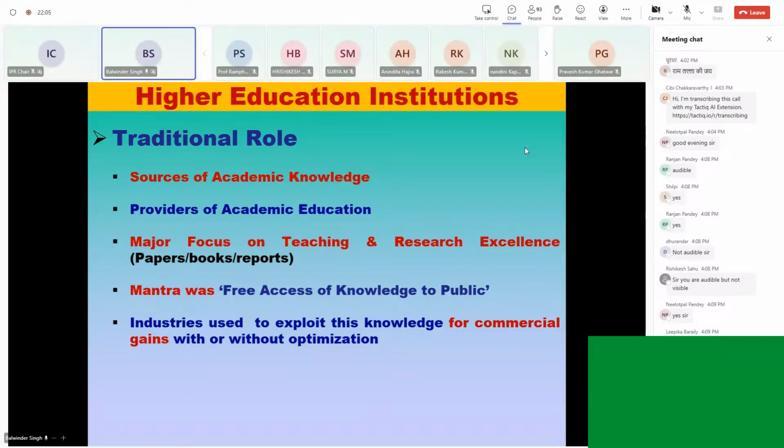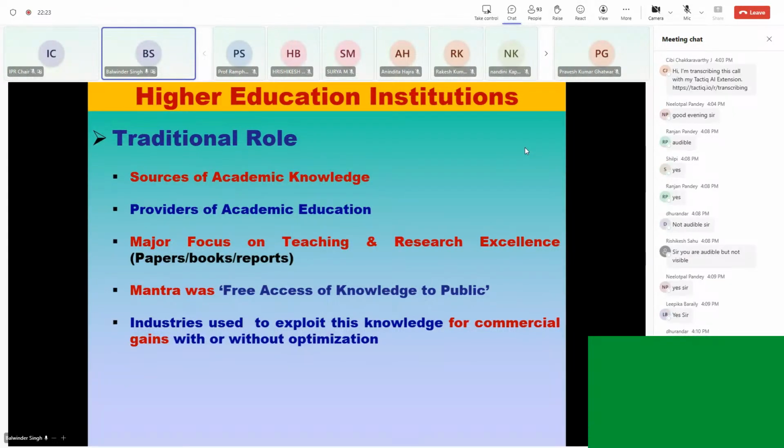But even in research, the main focus was just to publish papers, write books, and keep research in the form of thesis. Once the PhD is awarded, the theses sit in the library just for consultation by other students. This was the main trend or practice in our higher education institutions.